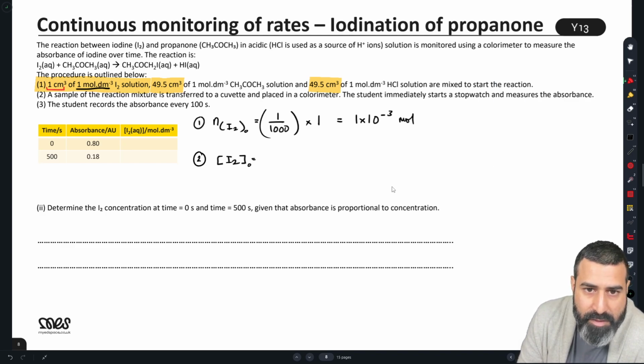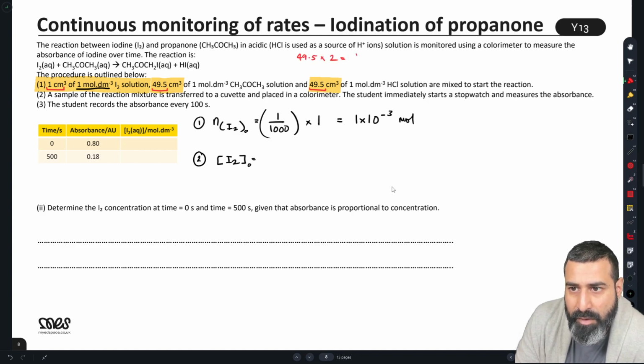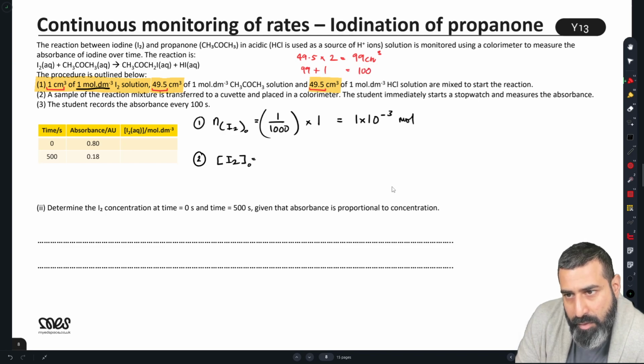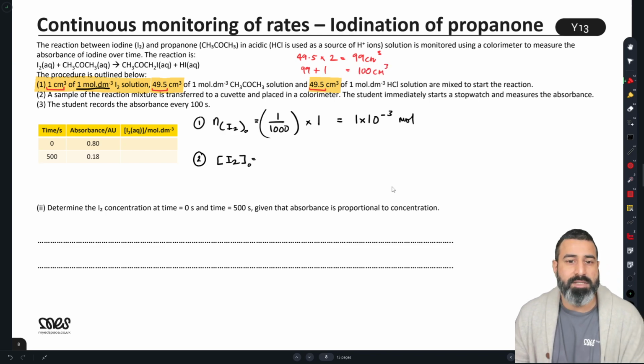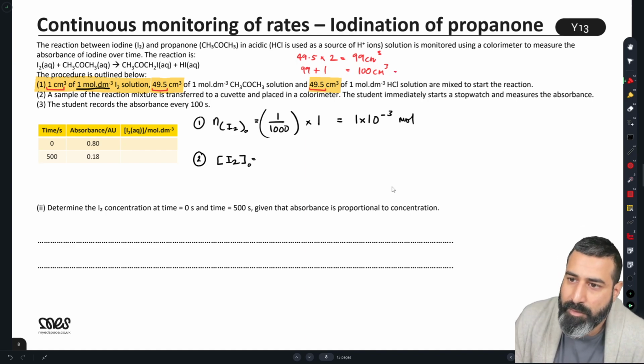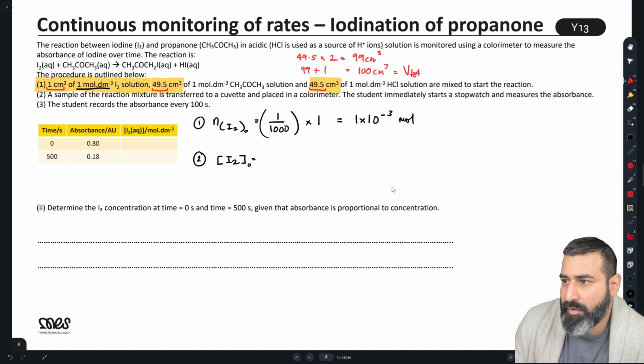So you've got 1 cm³ plus 49.5 plus 49.5. 49.5 times 2 is equal to 99 cm³, and 99 plus the 1 is equal to 100 cm³. So that's my total volume.